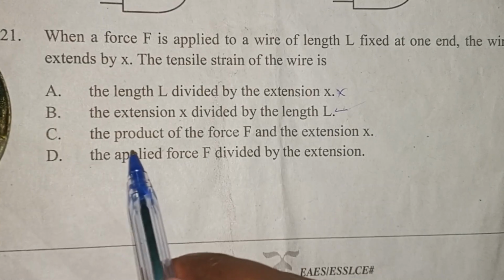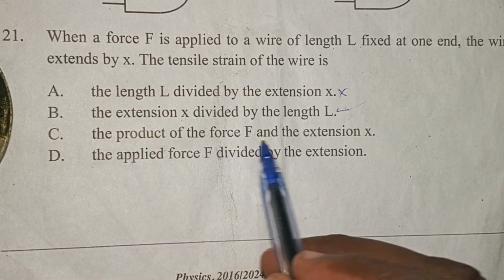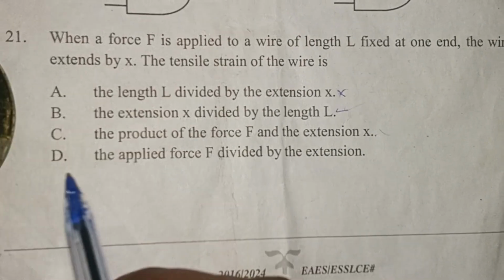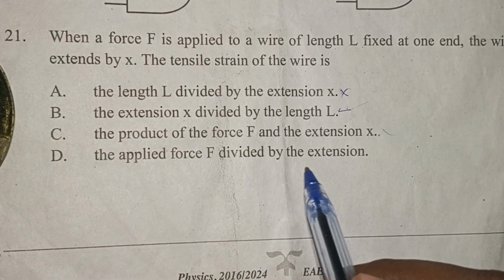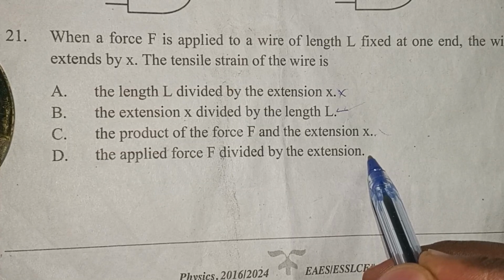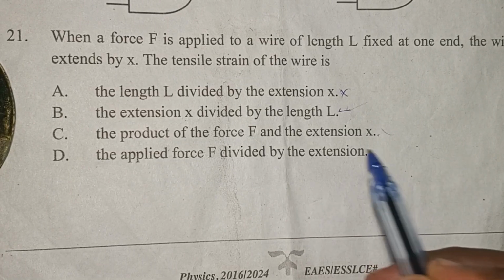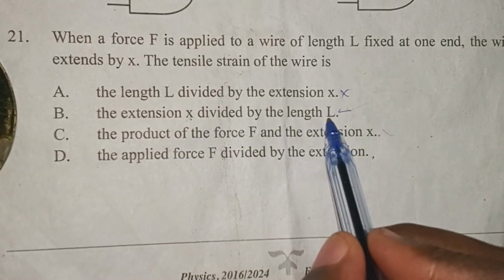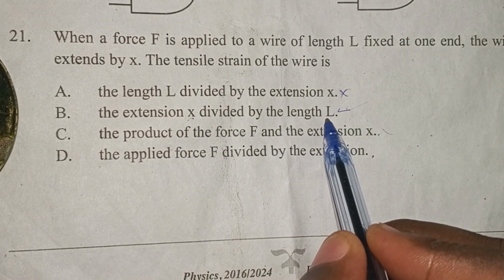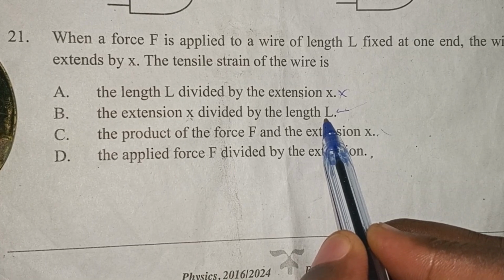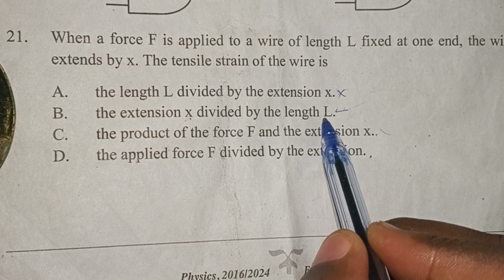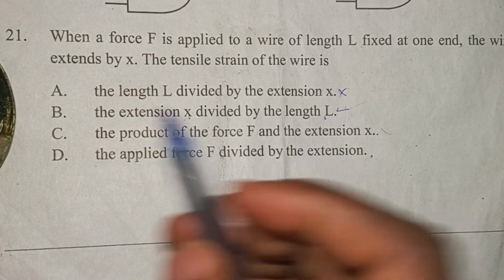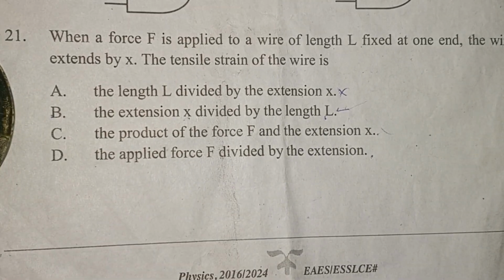So it is true. Another is the product of the force F and the extension, which is not. The D option, the applied force F divided by the extension, is also not a strain. So the strain is the extension of the material divided by the length, what we call the tensile strain, or the deformation caused by the stress or force applied. So the correct answer is alternative B.